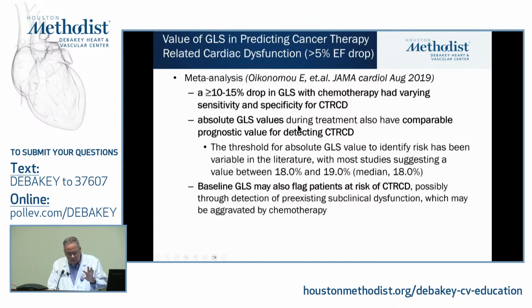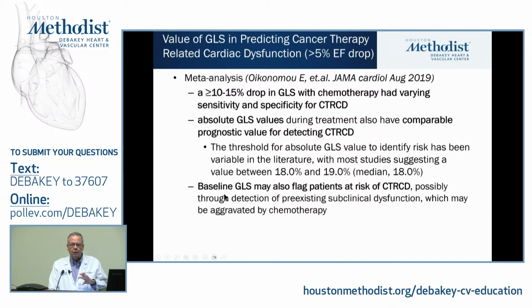That's the good news. And actually even absolute values can be predictive. If somebody has not had a baseline, but now they're on therapy and the absolute value is, let's say, 16 or 14 or 15, that by itself also has prediction. And even the baseline value: somebody who starts already with a reduced GLS has a higher potential for developing cardiotoxicity when the drugs are given. So all of those things are true.